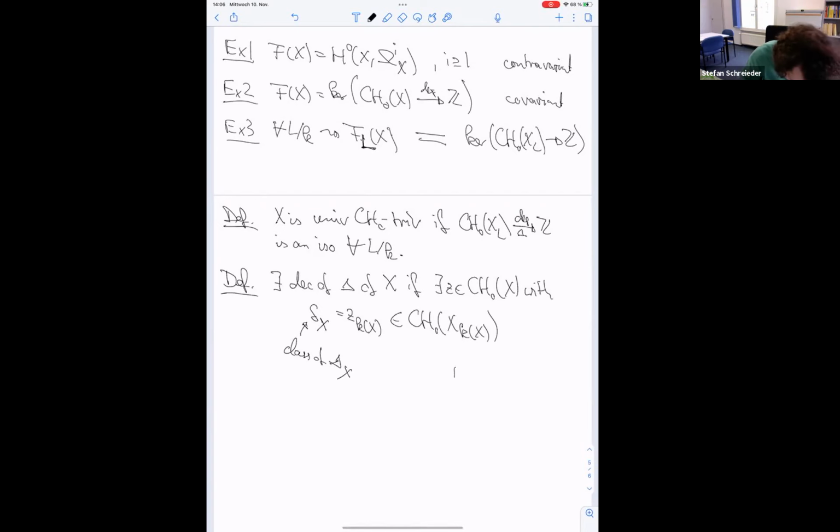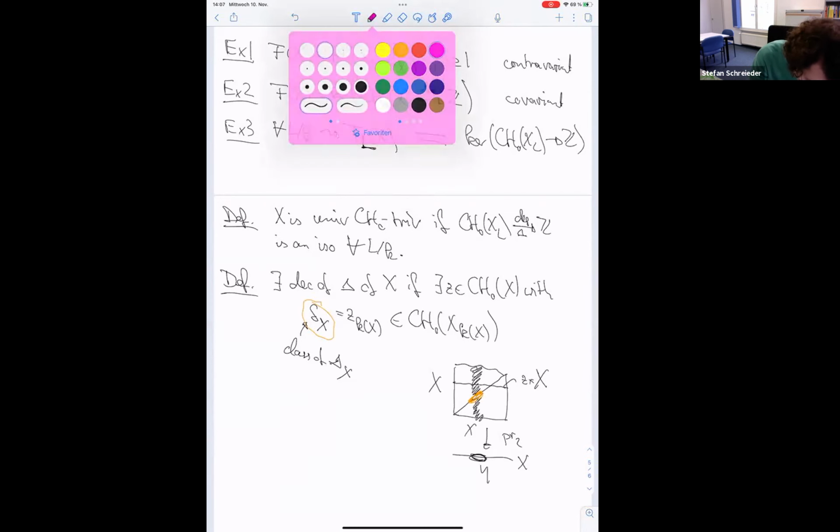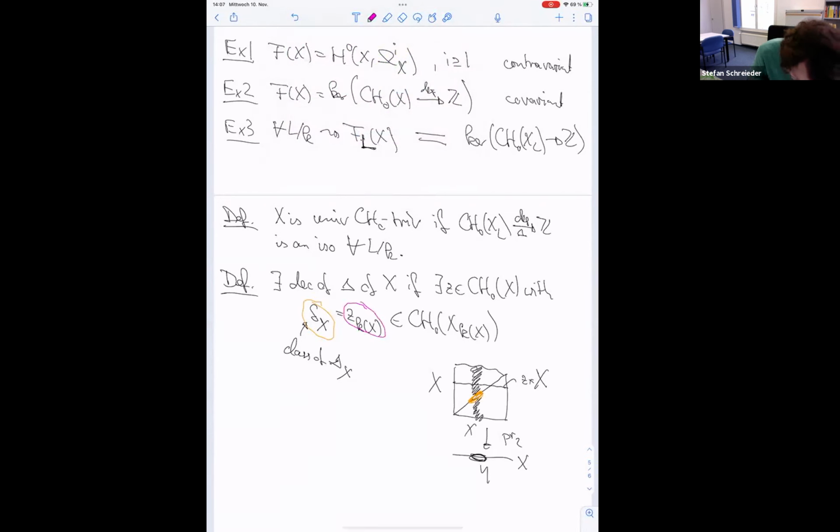So I draw a picture. We have X times X, the projection down to X. And here's the generic point and the generic fiber. And on X times X, there are two cycles. So there's a diagonal and a section given by Z times X. And now this diagonal class is this cycle, and this class is that cycle.